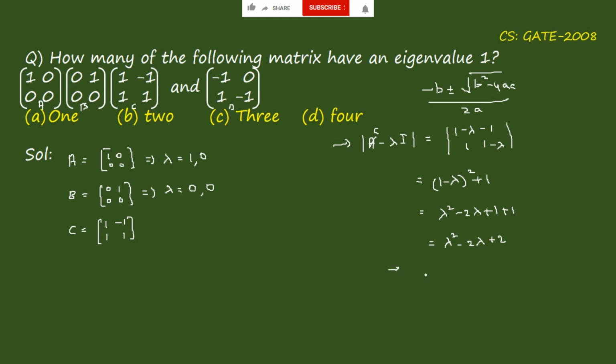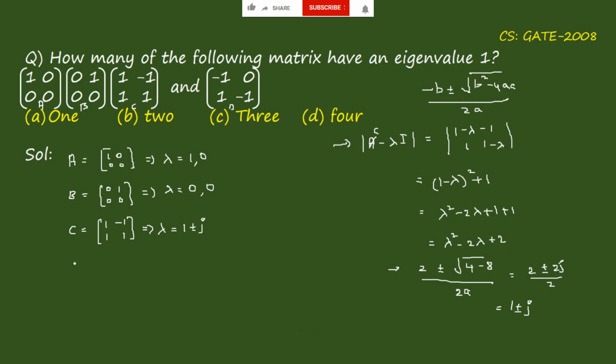Right, then we get 2 plus or minus root of 4 minus 8, by 2a, which is 2 plus or minus 2j by 2, which gives 1 plus or minus j. So the eigenvalues for C are lambda equal to 1 plus or minus j.